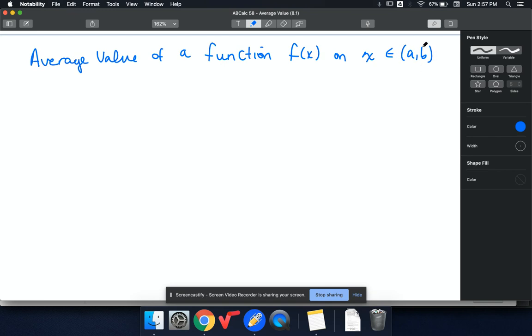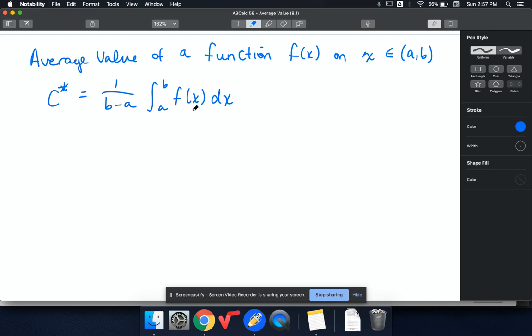And this could be an open or closed interval, doesn't matter. So my average value, I'm going to call it c star to differentiate it from how we normally add plus c. You could also call it some other variable, however you want. This is going to be 1 over the width. So my width is going to be b minus a. In our case, it was 4 because we went from 0 to 4. Then the integral from a to b of f of x dx.